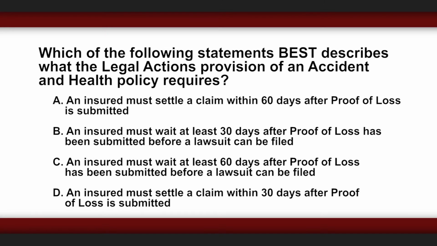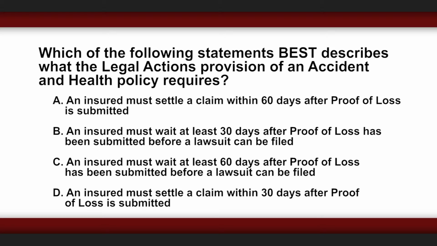Which of the following statements best describes what the legal actions provision of an accident and health policy requires? An insured must settle a claim within 60 days after proof of loss is submitted. An insured must wait at least 30 days after proof of loss has been submitted before a lawsuit can be filed.